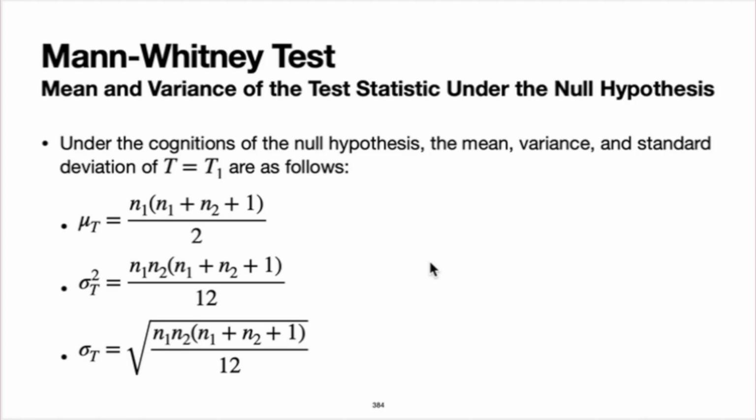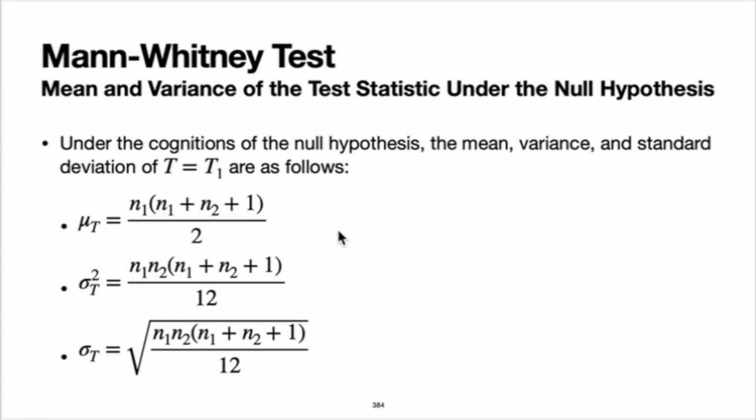Now remember that the null hypothesis that we're looking at here says that the two populations are equal, they're the same in every way, including their location. So when that null hypothesis is true, then this test statistic T, which again is T1, and remember what T1 is: T1 is the rank sum for what we're calling sample 1.